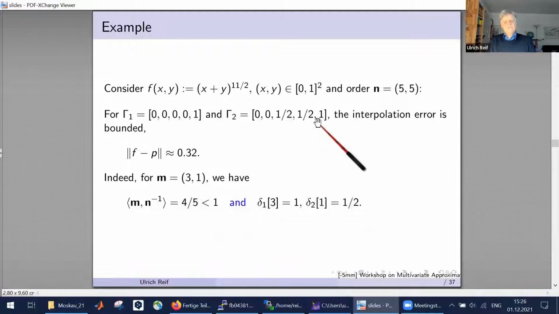So we have this type of clustering, which is admissible according to the theorem. Yeah, so 3 and 1 is fine, this type of clusters, but higher order clusters are not permitted. So I think this explains fairly well how the interpolation error behaves on a tensor product grid.